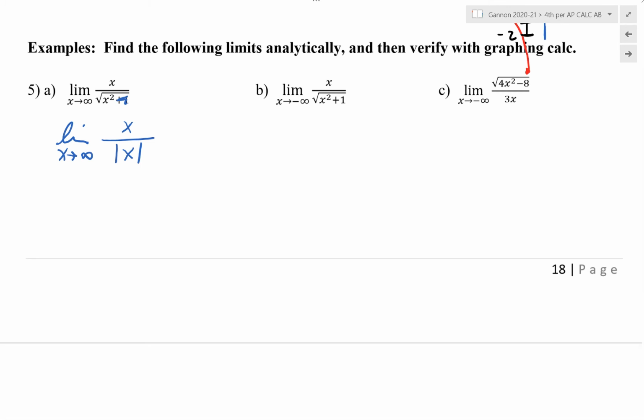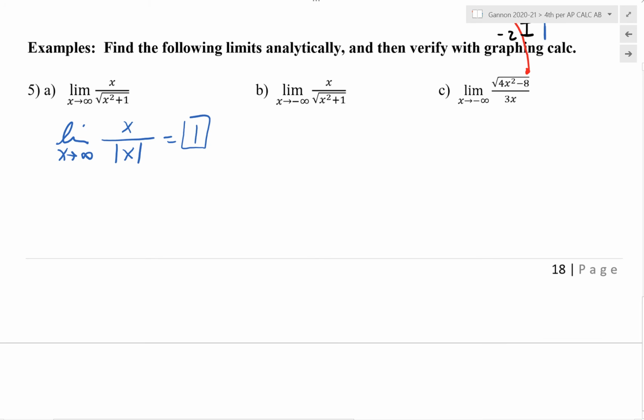And the square root of x squared is the absolute value of x. So now you have x over the absolute value of x, which are both x to the first power. So we can use the idea of horizontal asymptotes, where you have a positive over a positive, same degree, we simply get 1 as the limit.